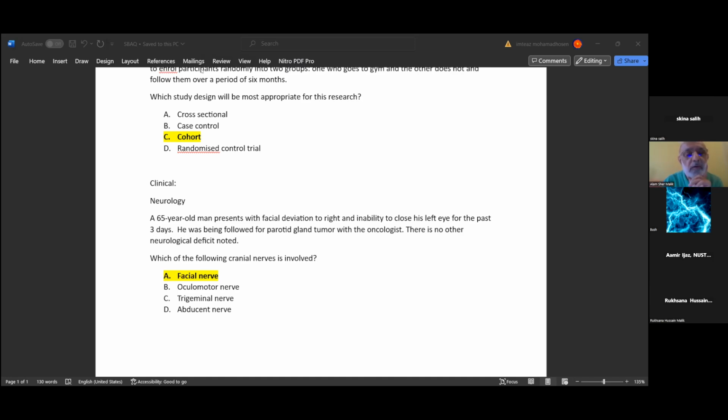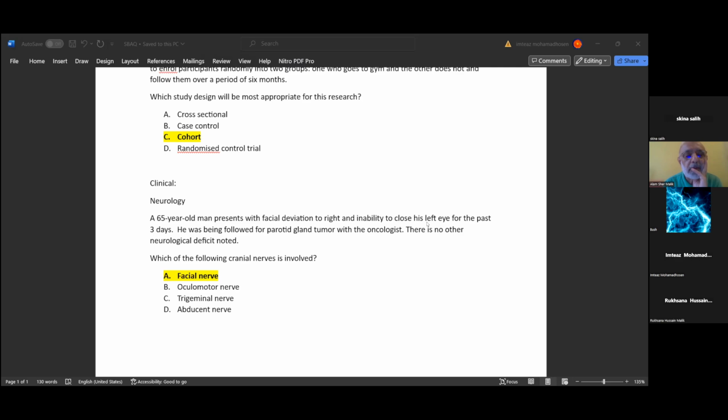Okay, so that's the word facial, but the question was whether all 4 nerves supply the face. The trigeminal nerve is the sensory supply of the face. And we put oculomotor because of the inability to close the left eye, for those thinking about the oculomotor or sixth nerve because of the eye.